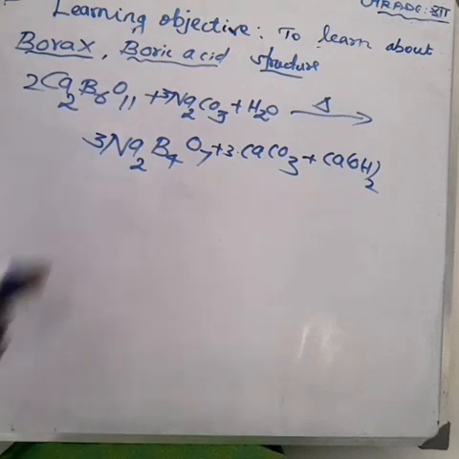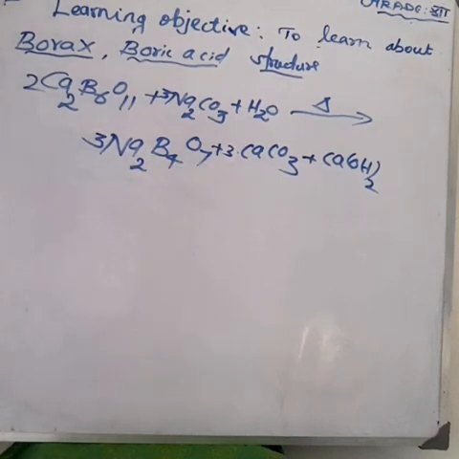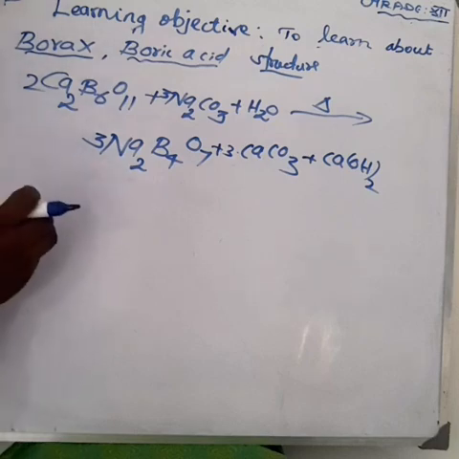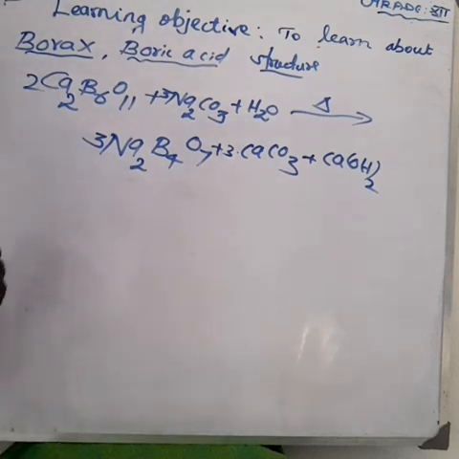So what is the formula for borax? Na2B4O7. Here borax is normally formulated as Na2B4O7 and it contains 10 molecules of water. But it contains tetranuclear units. Don't forget the tetranuclear units.